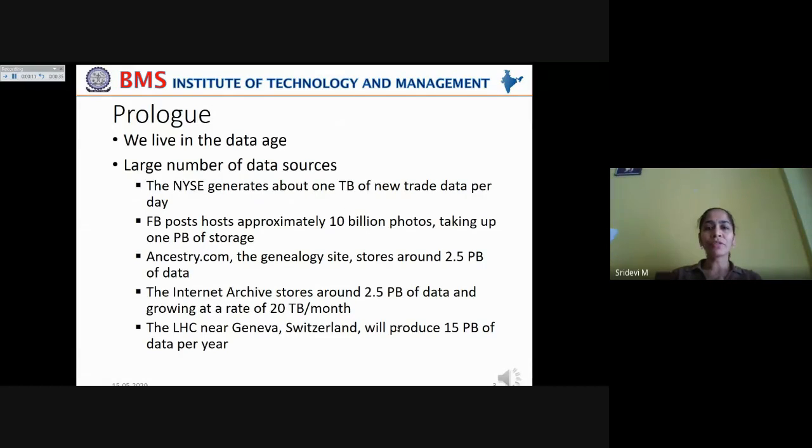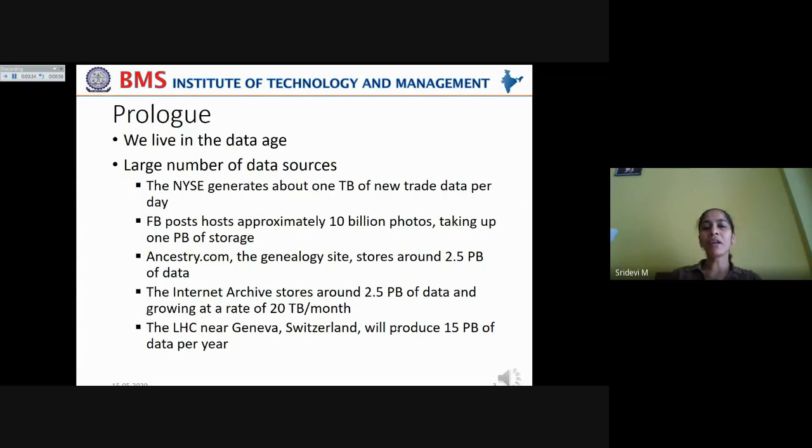And we also saw the large number of data sources available in the market. Some organizations generate data, whereas some organizations pool the data, meaning they collect the data on behalf of other organizations and pass it on for them to analyze and derive some valuable conclusions.